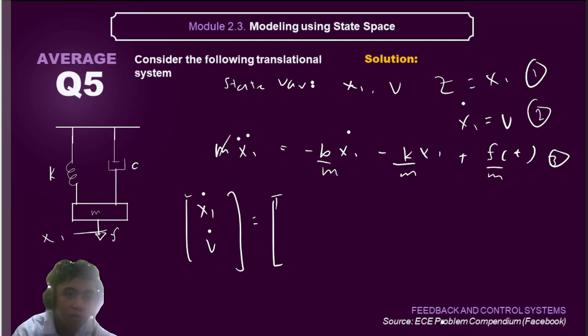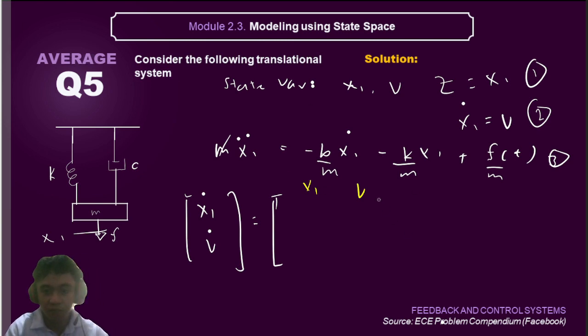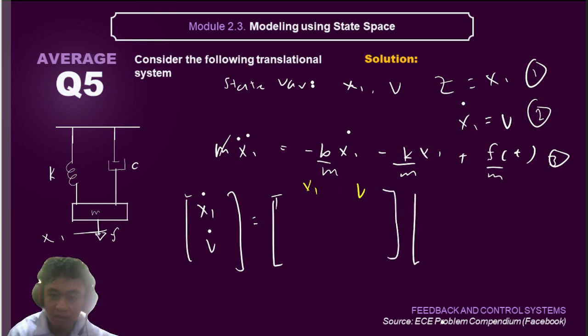It's helpful to remember that this is x1 and this is v. These are simply markers. They are not part of the written equation. They only serve as a guide. So the state equation is naturally multiplied by the state variables, which are again these two, x1 and v.